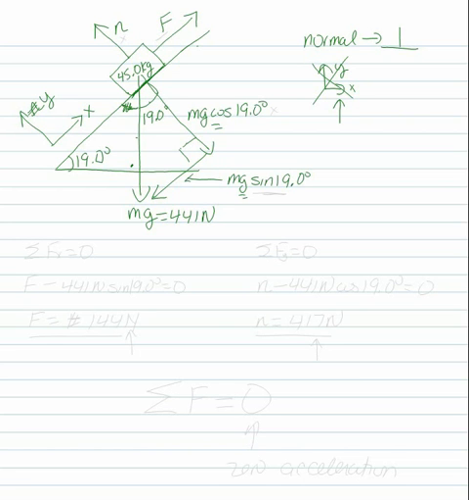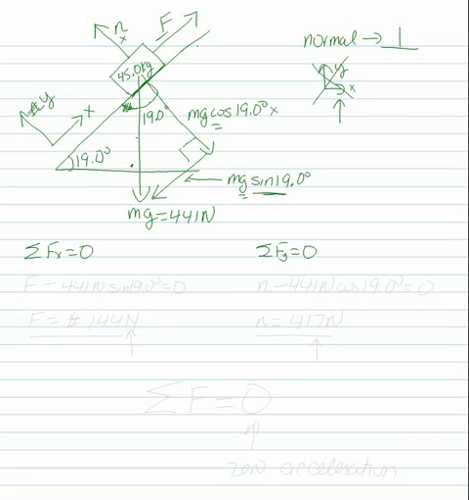Now we can solve the problem. Sum of the forces in the x is 0. Sum of the forces in the y is 0. We're not changing our approach. Here's some x's. There's an x and there's an x. Here's a y and there's a y.